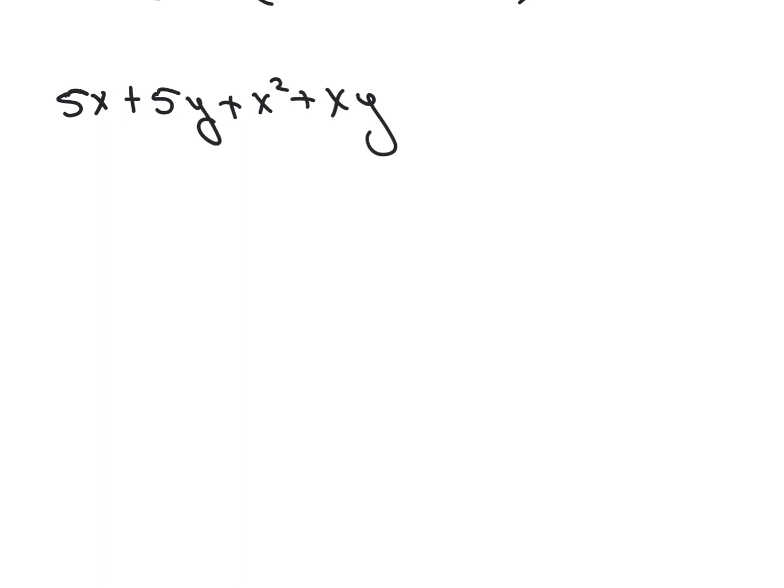Factoring by grouping means rearranging the terms in such a way that I have some things that are common to two of the terms. So right here, I have a 5 common to here and here. Over here, I have an x common to here and here. I could rewrite this, and I'll do this in blue, as 5x plus x squared plus xy plus 5y.